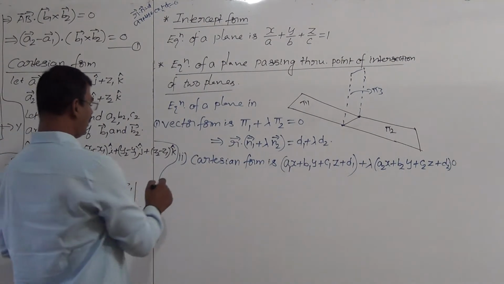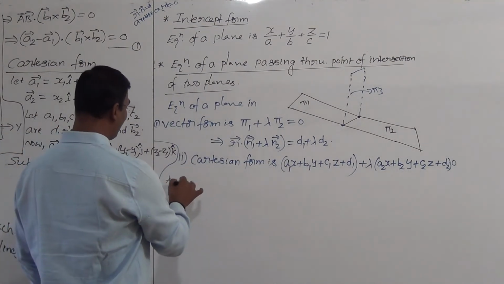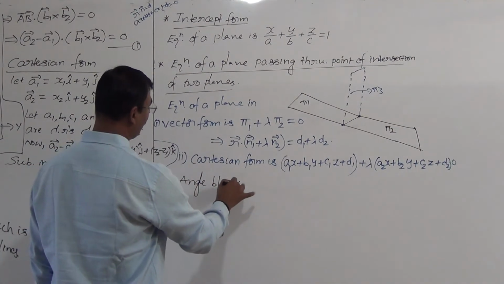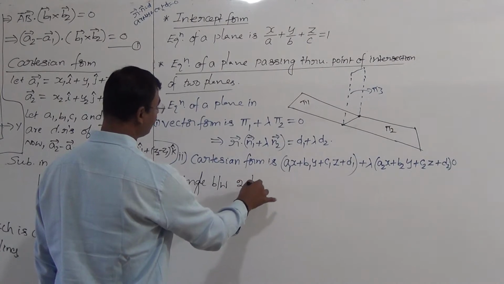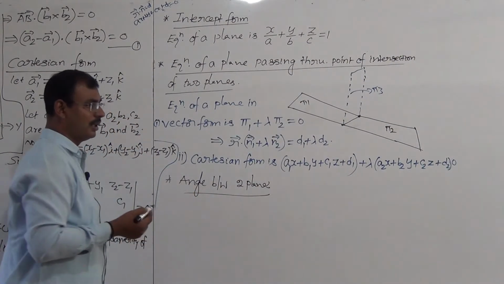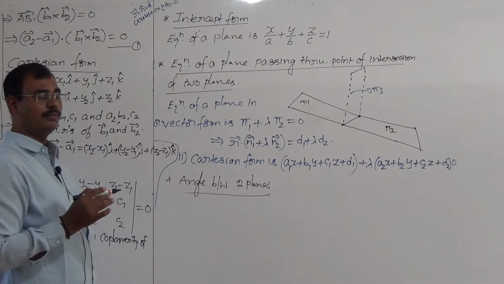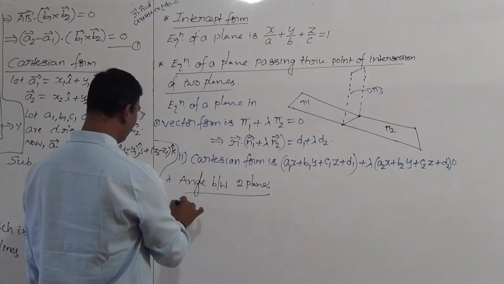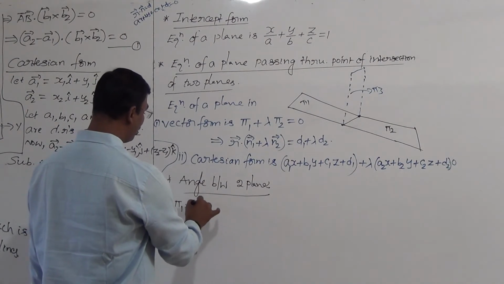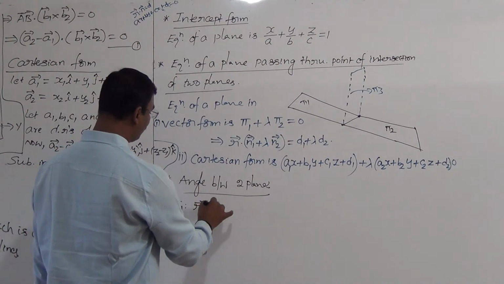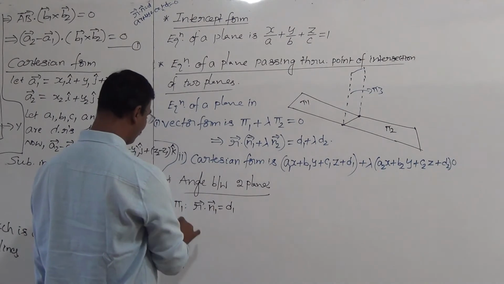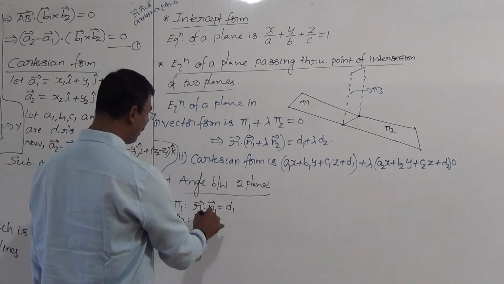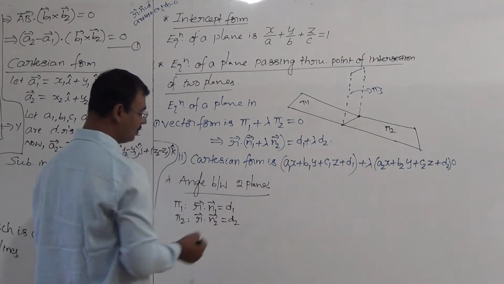Next point is the angle between two planes. How to define it? Here also, vector form and Cartesian form. I take the two planes: plane 1 as r bar dot n1 bar is equal to d1, and pi 2 as r bar dot n2 bar is equal to d2.